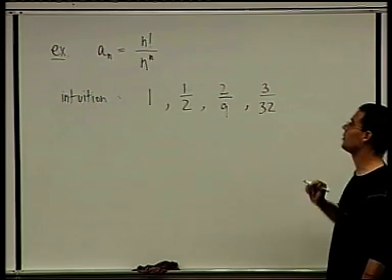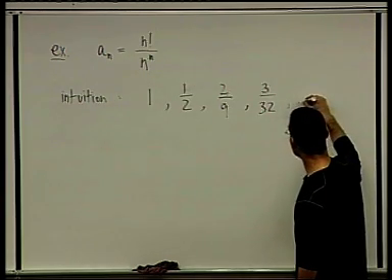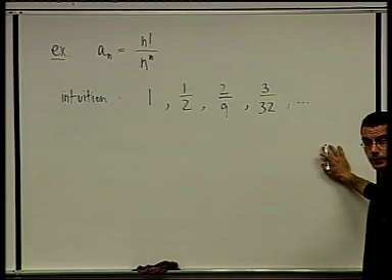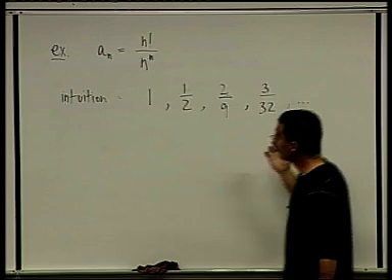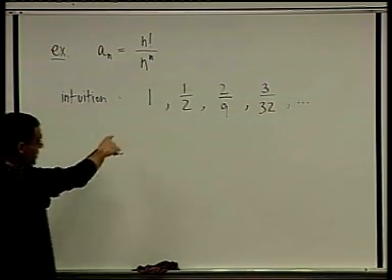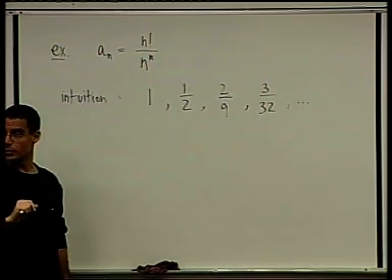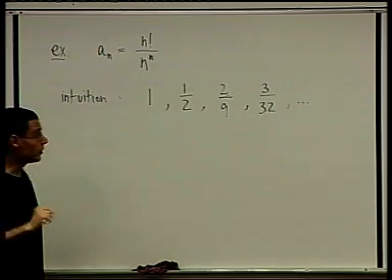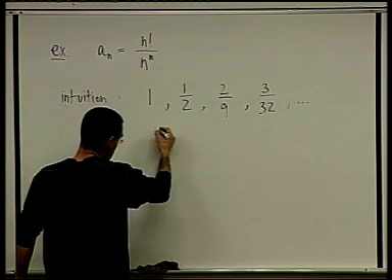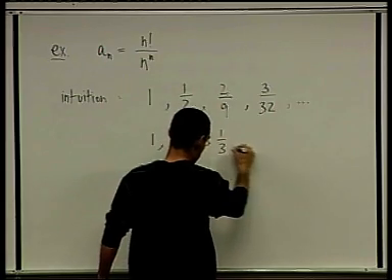Are you getting a feeling for this? Is it starting to communicate? Maybe you need some more, but I think what's going on is starting to become evident. So for example, what you should be able to see is that this sequence is dominated by the sequence 1 over n. 1 over n is the sequence 1, 1/2, 1/3, 1/4.